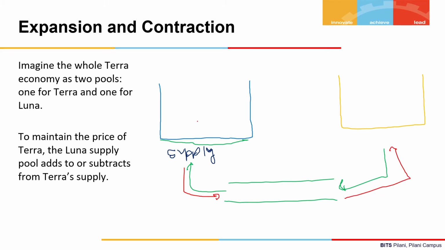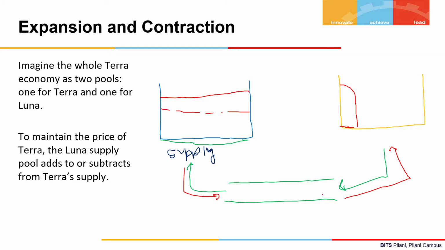Now, let us assume the $1 mark for this UST is right over here. Now, in the case that the price of Terra rises above $1, what will happen is that we will take some of the Luna coins, which means we will decrease the total supply of Luna coins, burn them, and generate some.